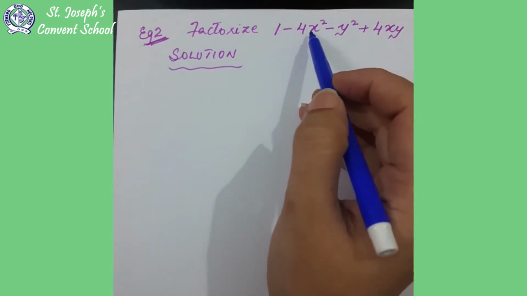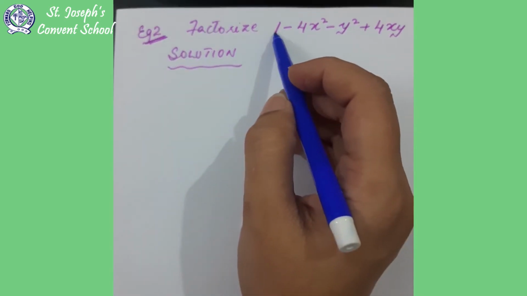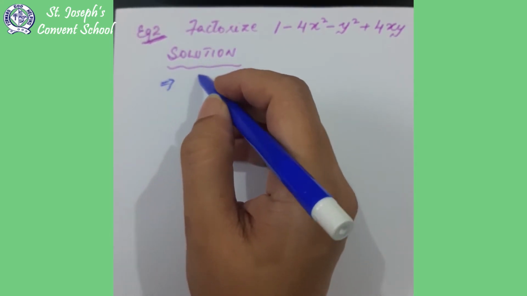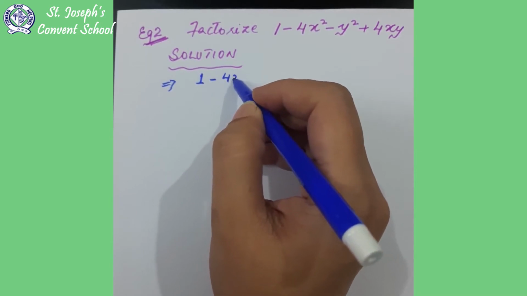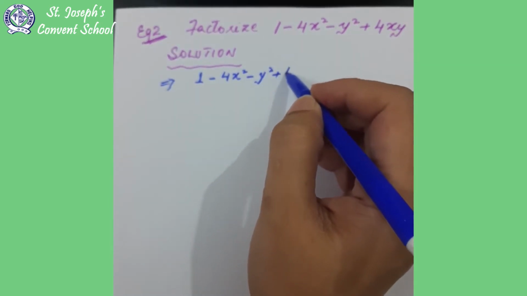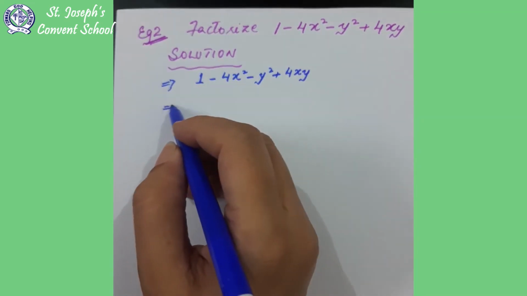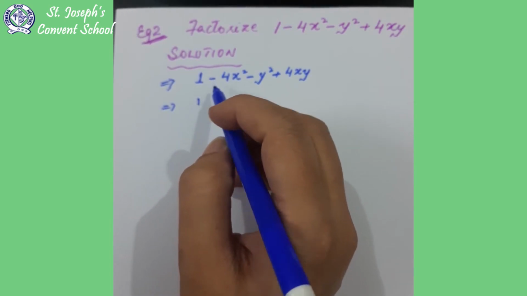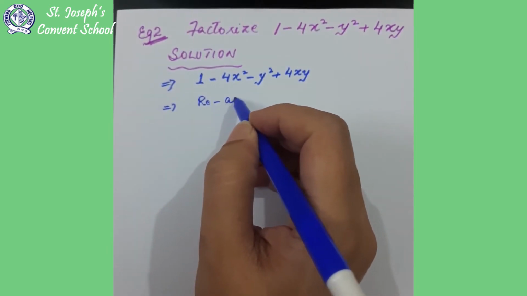Now this one will remain as it is as the first term. Let me write the question first: 1 minus 4x square minus y square plus 4xy. Now the first term will remain as it is, 1. Let me rearrange.